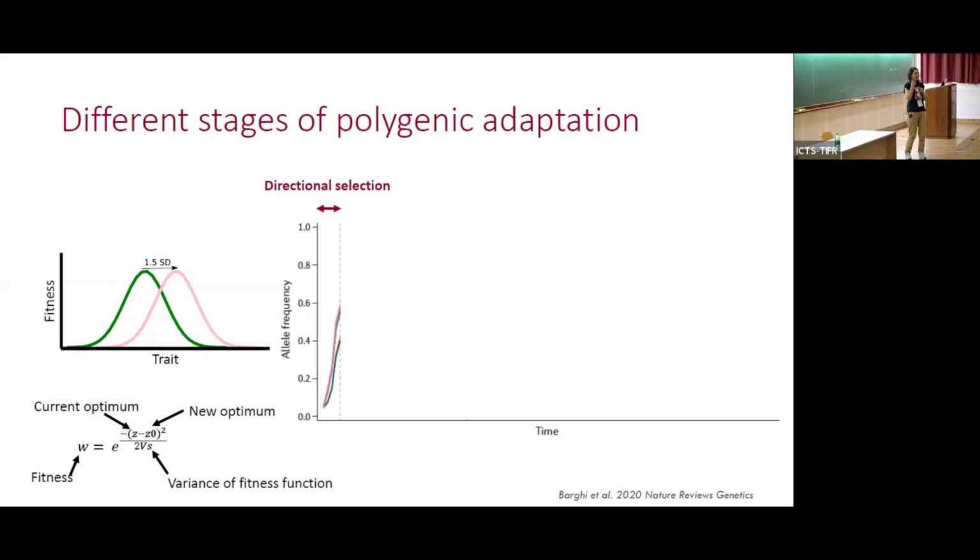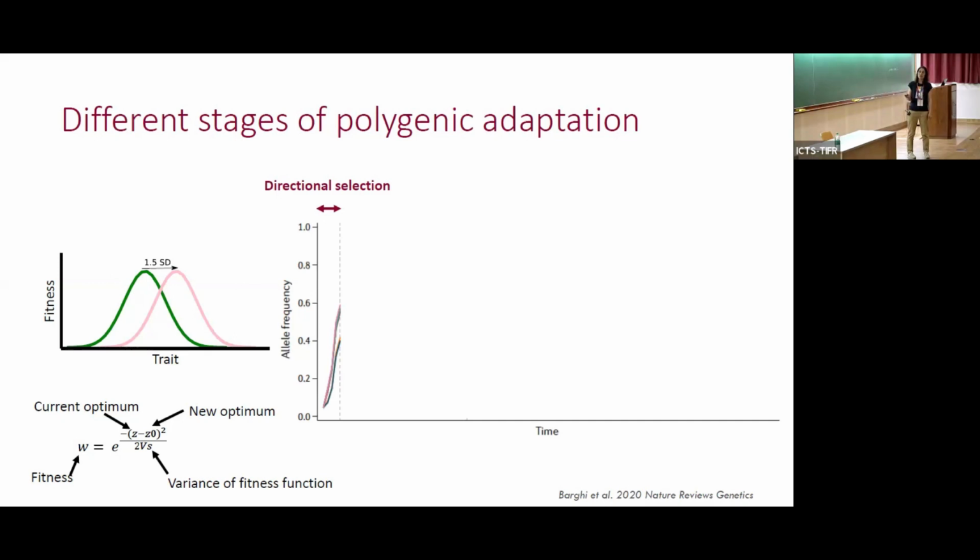But understanding when the trait optimum is reached, even though we do not know what the truly selected trait is, is actually quite important. The reason is that you can imagine a polygenic model where the trait or phenotype is mapped to fitness using a Gaussian fitness function, which we already saw before.